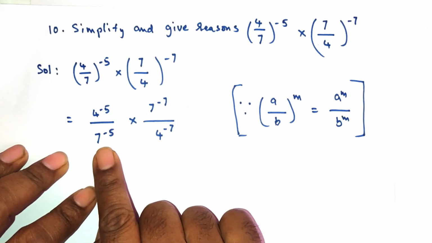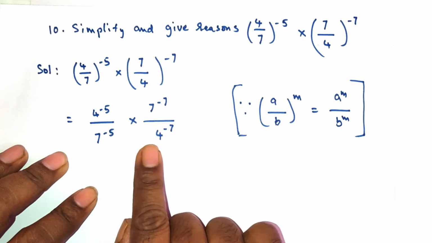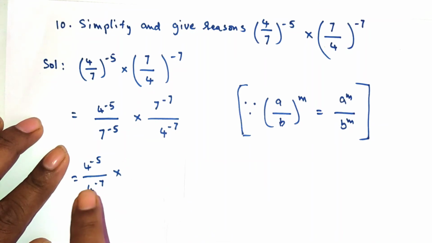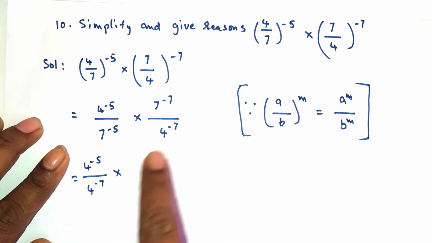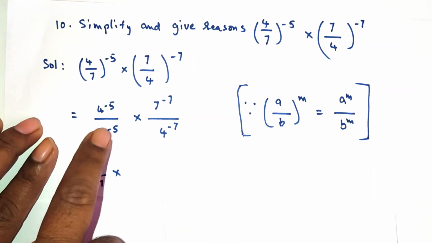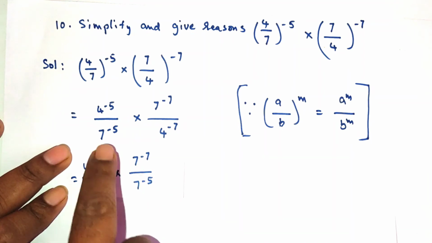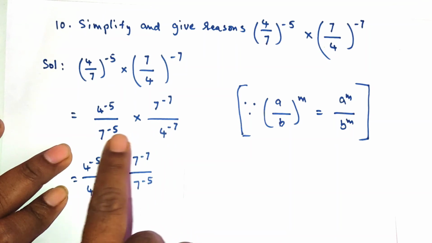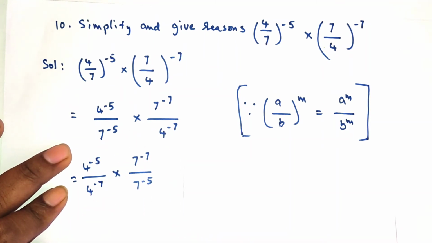Let us reorganize this equation. We have written this base here. In the same way, we have to write this base here. We interchanged both the bases. Now we got the same base for numerator and denominator.